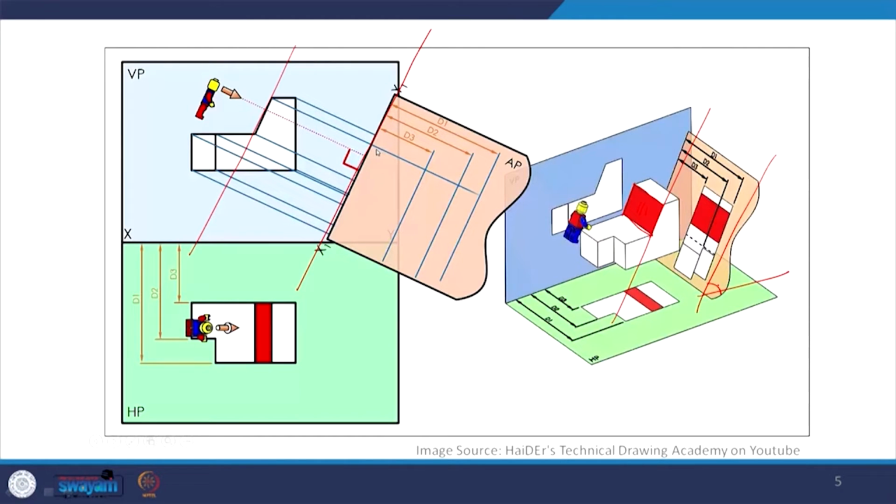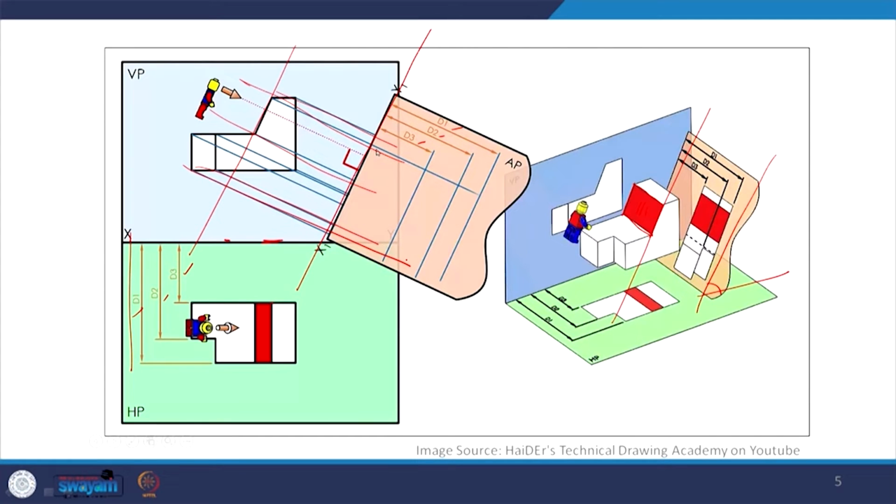In this case, the projections will directly come from the VP, and the distance that this object has from the reference line, XY, will be measured. So this D1, D2, D3 is the distance which we will take from the top view here, and the rest of the projections will directly come from the front view.